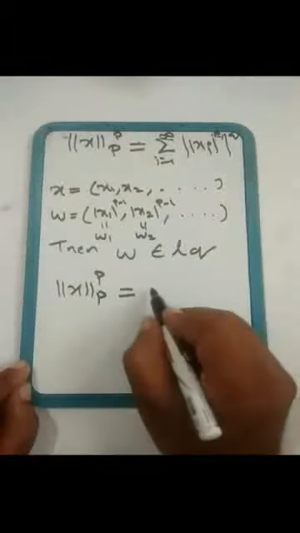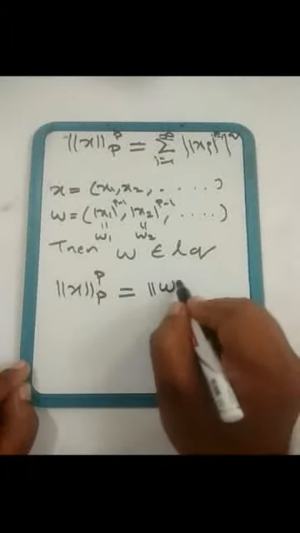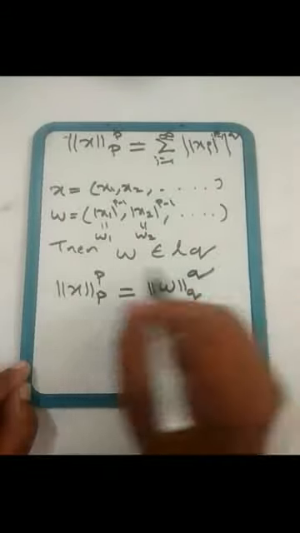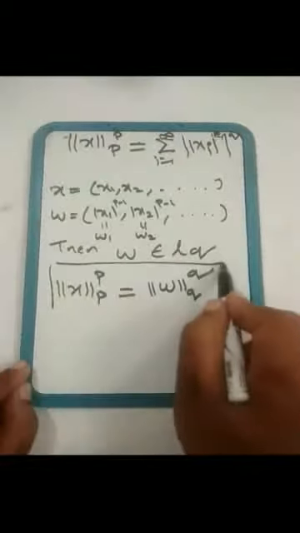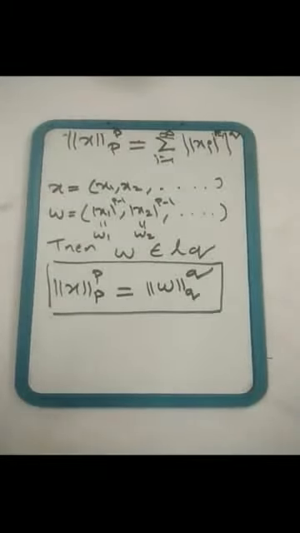It's a finite number. So this is the norm of w, the qth norm of w raised to the qth power. So we have this thing. Okay.